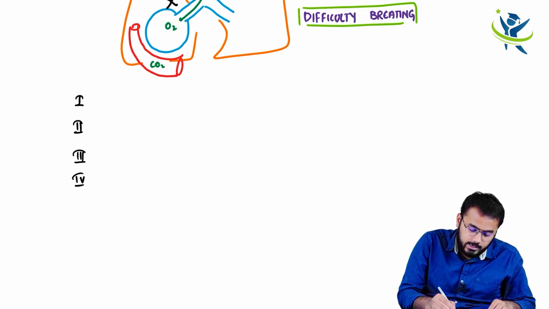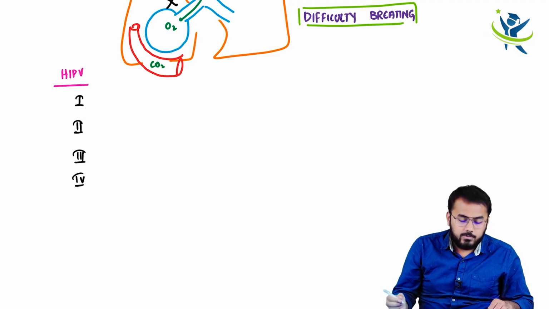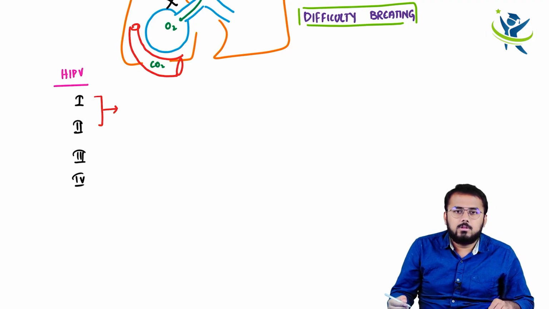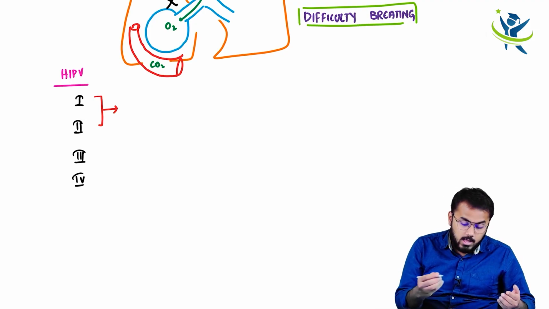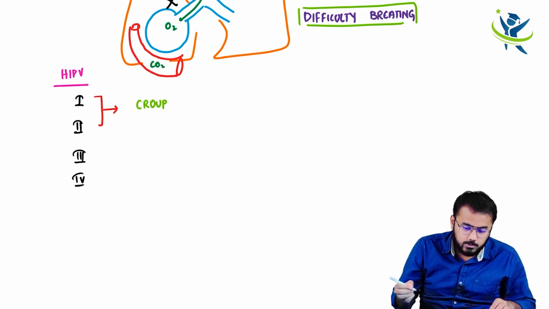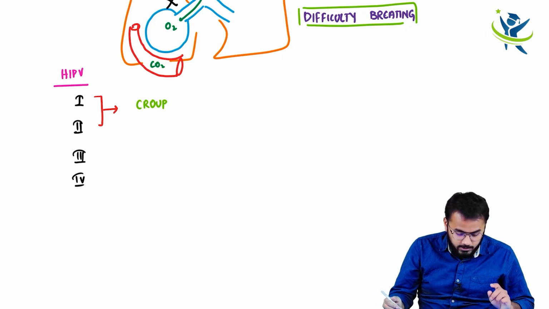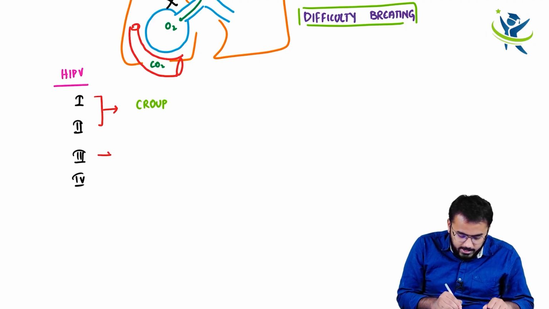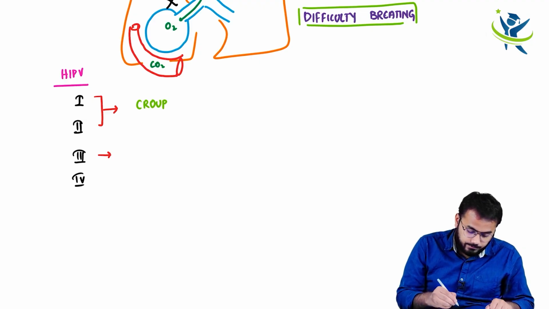Now the first two types, HPIV1 and HPIV2, are responsible for causing croup, also called laryngotracheobronchitis. Next, types 3 and 4. Mainly type 3 is responsible for causing pneumonia.